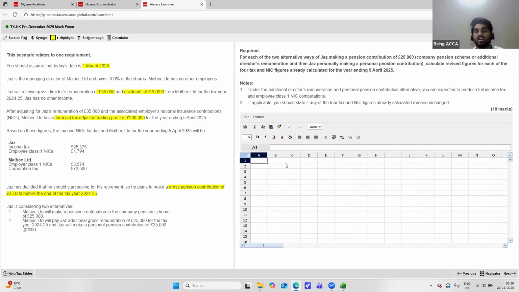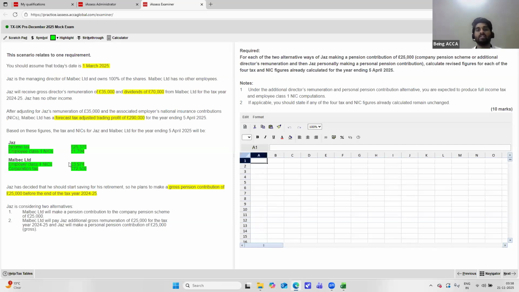So using the two alternative approaches, they want us to calculate these four values. Highlight them in green. Using all the values provided here, we should calculate these four values.